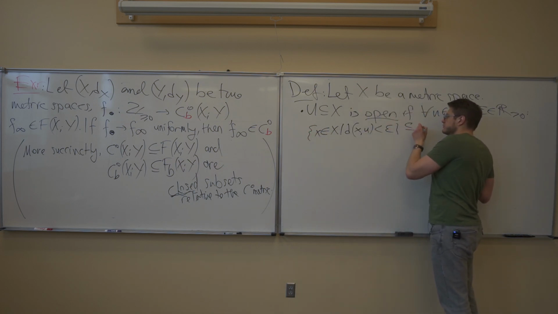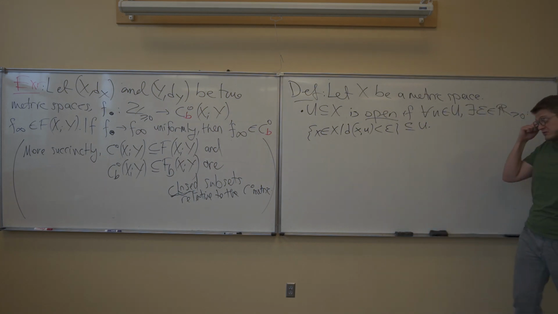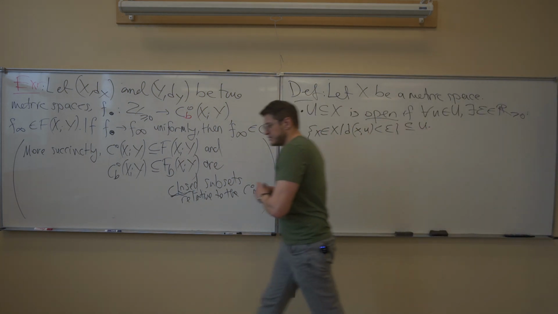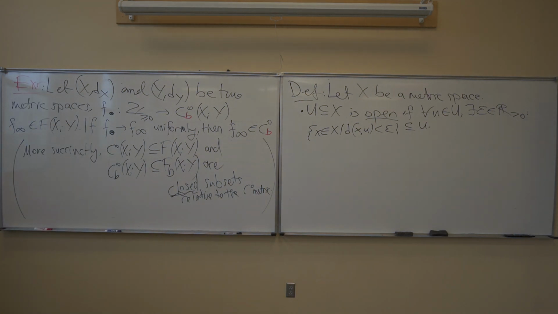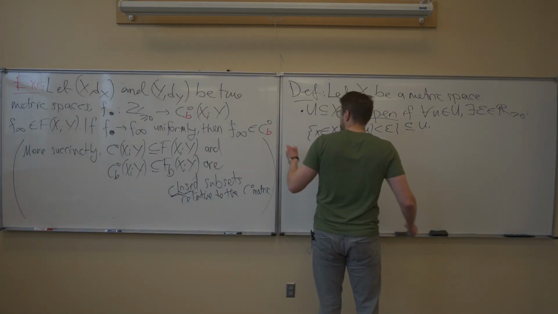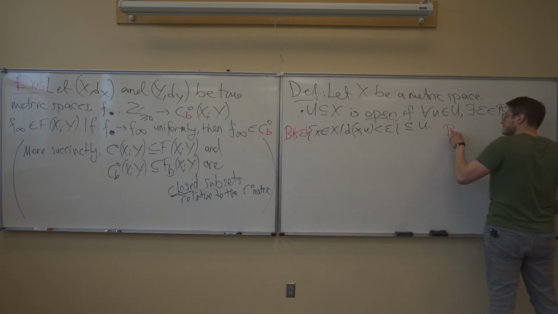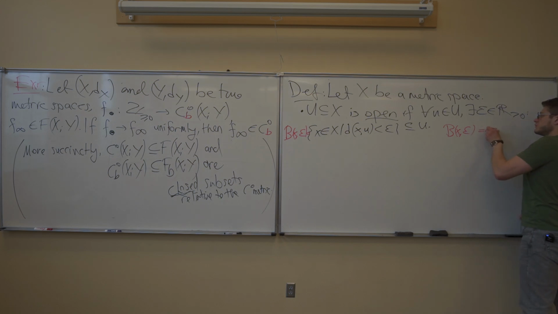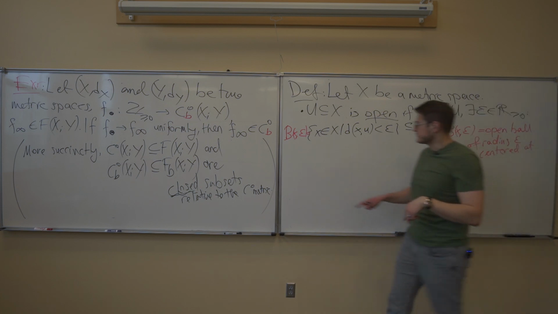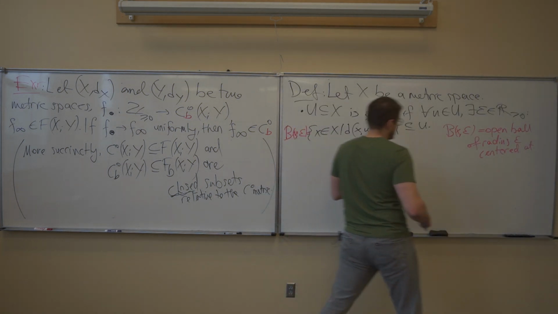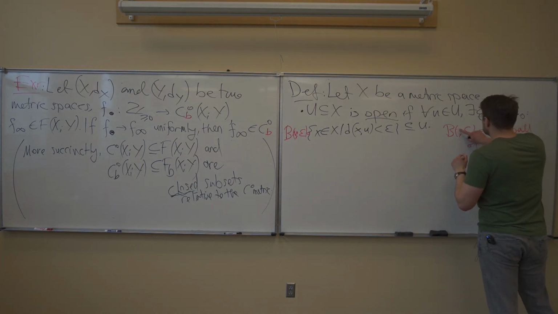If you started looking into it, you have already seen it. So this is an open ball of radius epsilon centered at u. That should be X, u, sorry.